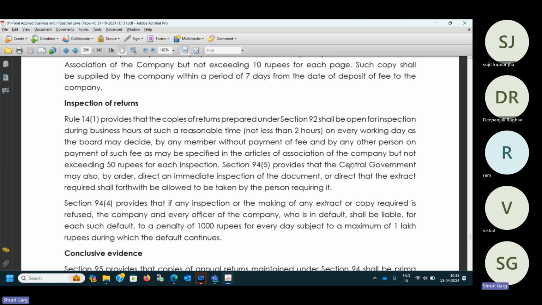Section 94 provides that the central government may also by order direct an immediate inspection of the document, or direct that the extract required shall forthwith be allowed to be taken by the person requiring it.